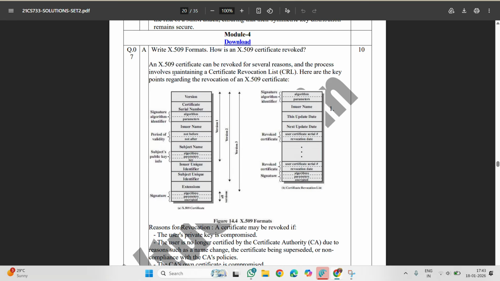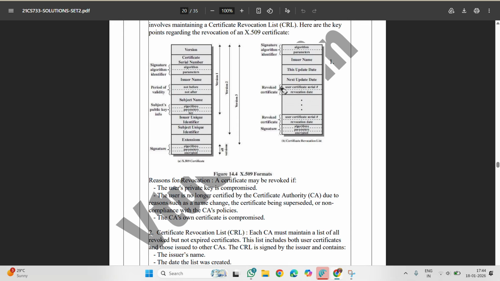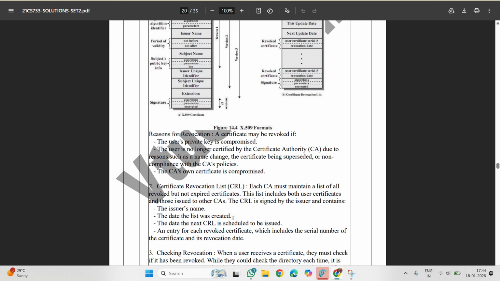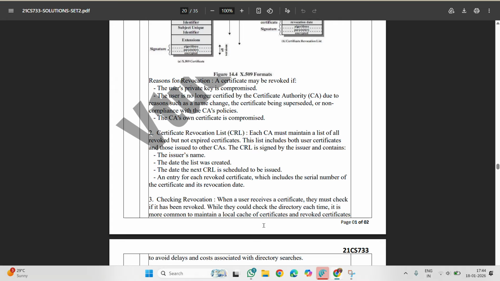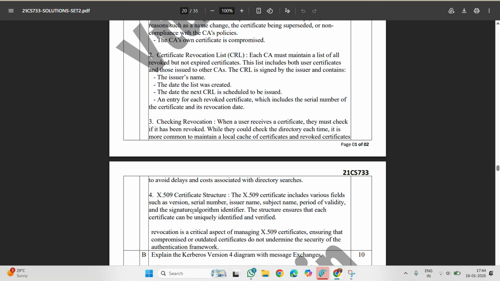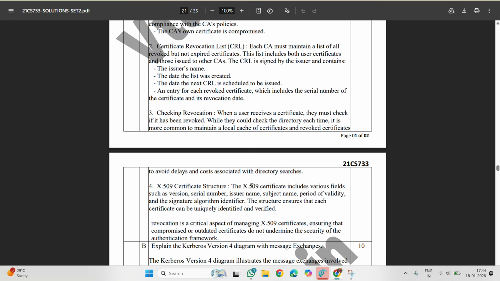Explain what is X509 certificates, why it is used, and coming to the revocation of X509 certificate, explain what are the reasons for revocation, like certificate revocation list, like issuer name, date the list was created, the date the next CRL is scheduled to be issued, and the third one is checking revocation, and X509 certificate structure. Explain the structure of the certificate and explain how it works and how the certificate will be revoked, why the certificate will be revoked also explain.